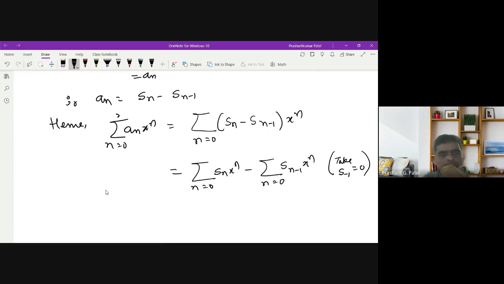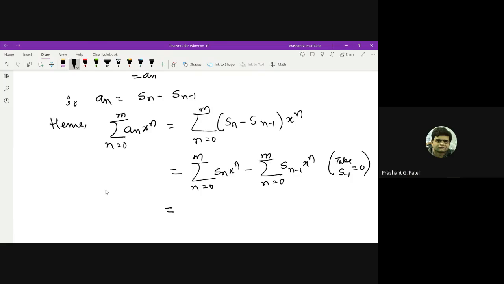So for that I'll just take it as m. The summation is running from 0 to m. And this is equal to, if you change the index here, summation n running from 0 to m Sn x raised to n minus summation n running from 1 to m Sn minus 1 x raised to n.